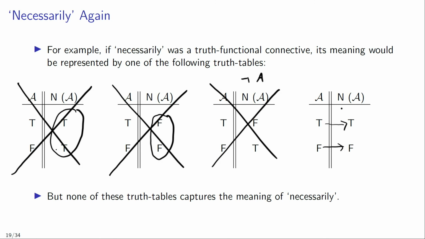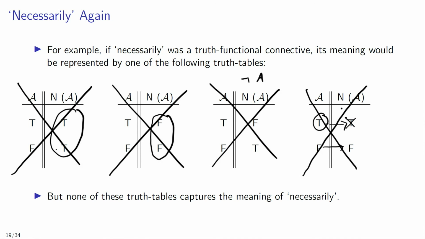So in particular, it is possible for A to be true and for necessarily A to be false. As we saw in the example, necessarily Atari has kibbles for dinner. In this case, Atari has kibbles for dinner is true, but necessarily Atari has kibbles for dinner is false. And so that means that this fourth truth table also does not represent the meaning of necessarily.